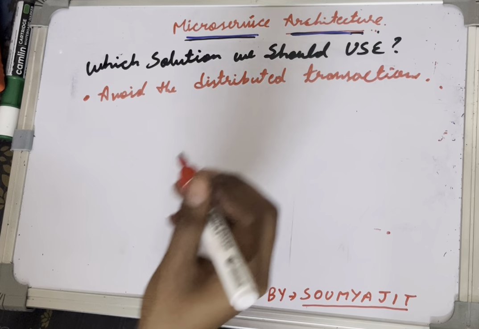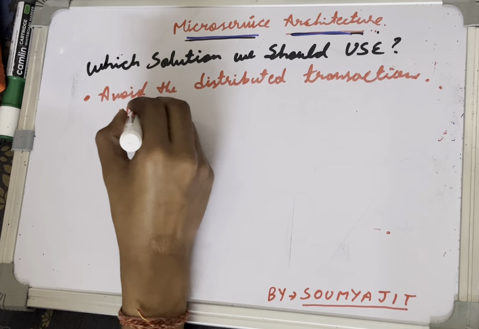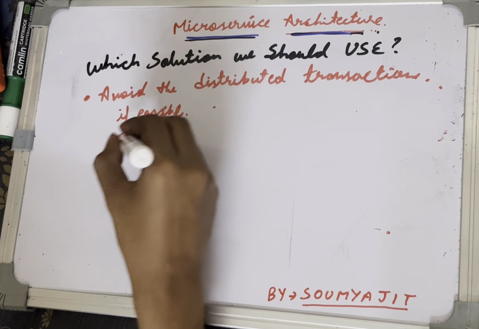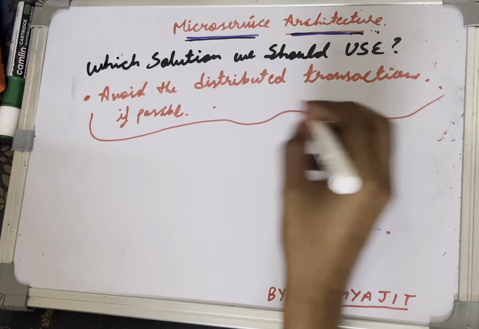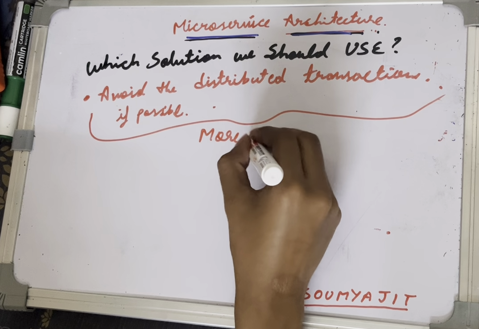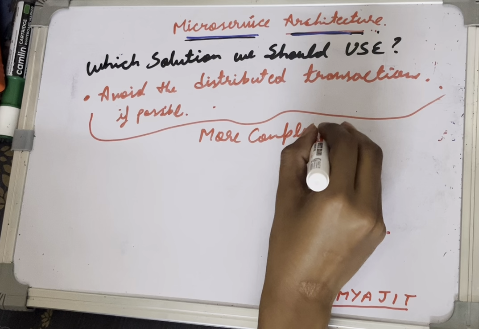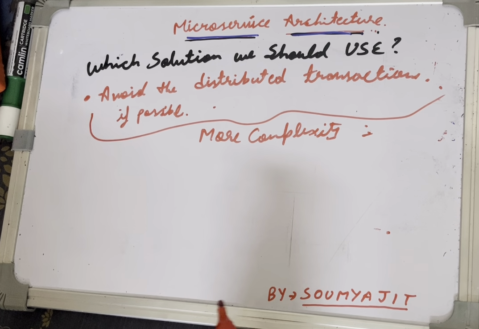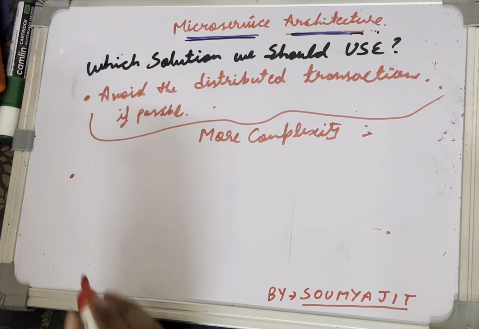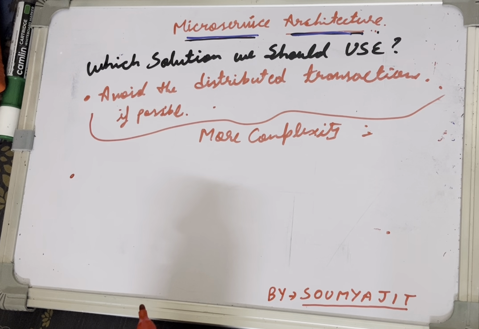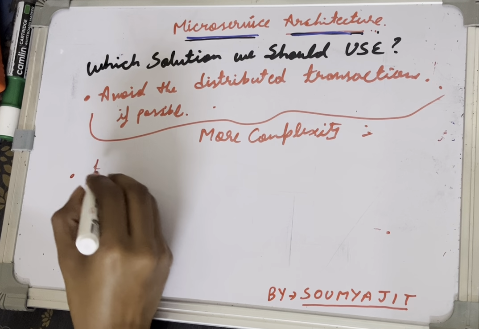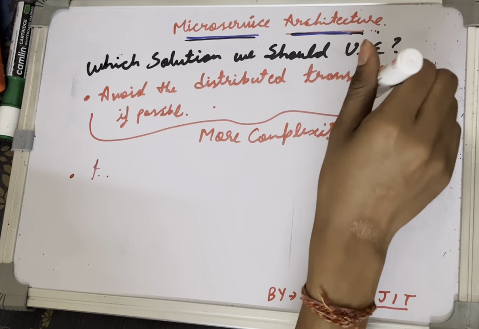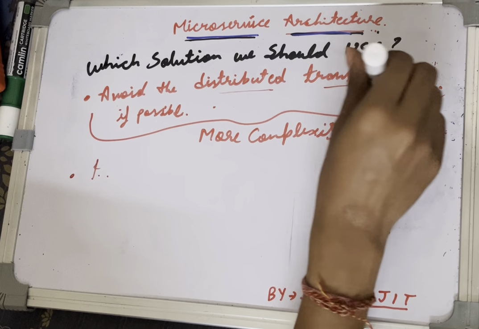if possible, because it brings more complexity than eventual consistency, right? And identify your operation first, what is your operation. If you need strong consistency for this type of operation, distributed transaction will be the best one.